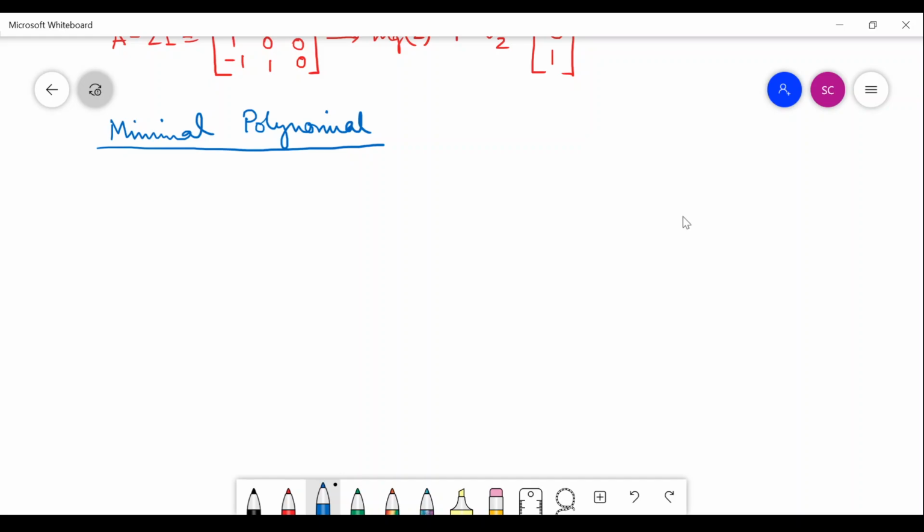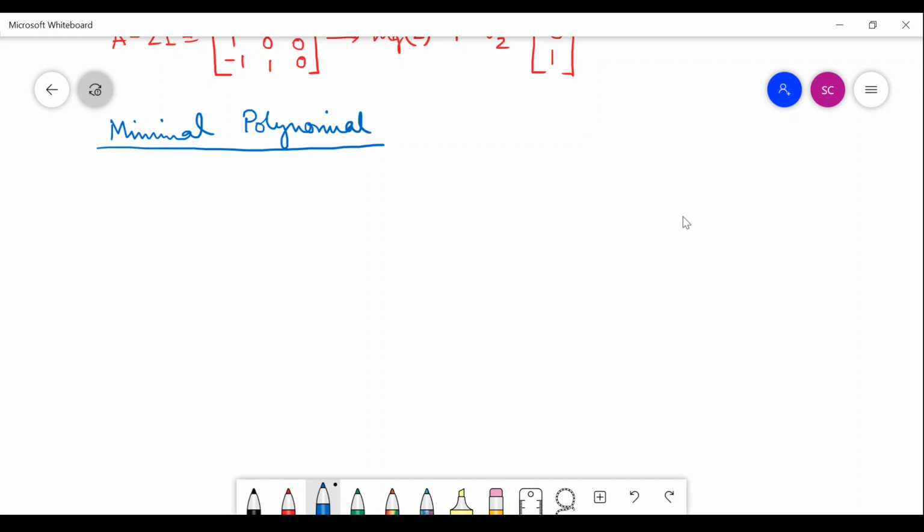So let us look into the minimal polynomial, how it is described in mathematical parlance. So what is the minimal polynomial?